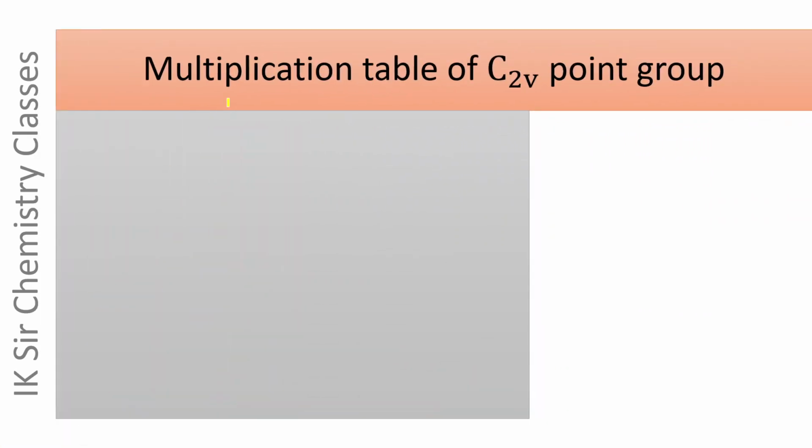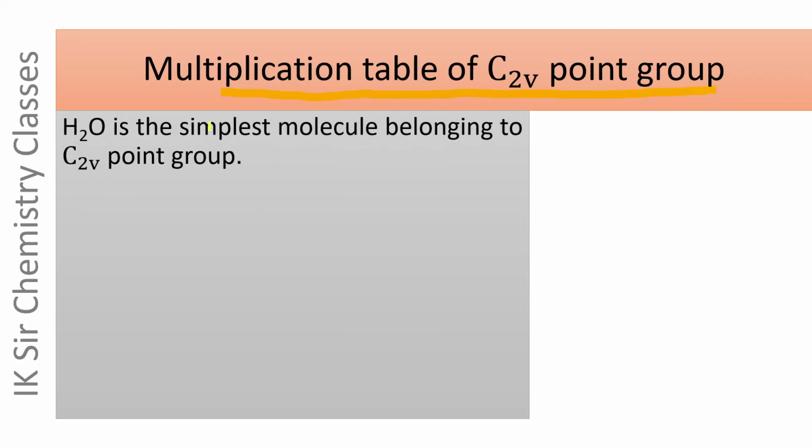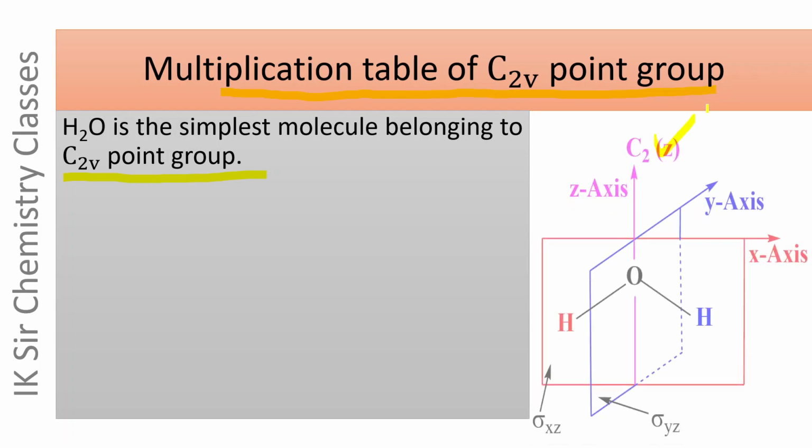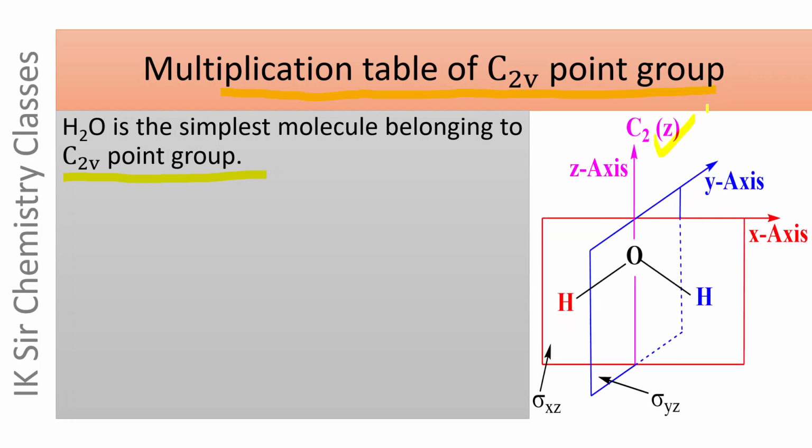Now, the multiplication table for the C2v point group. H2O is the simplest molecule belonging to the C2v point group, and it has been represented here. This is the C2 z axis. It is a twofold axis of symmetry.